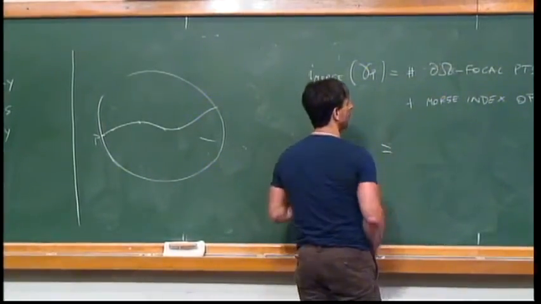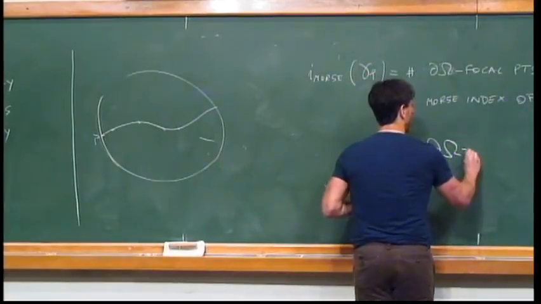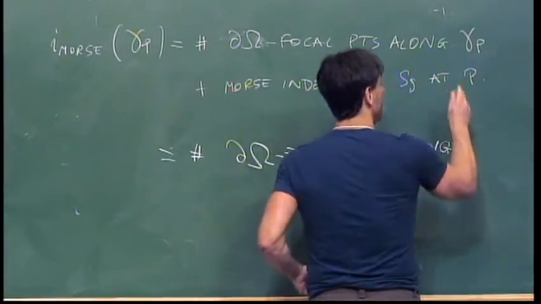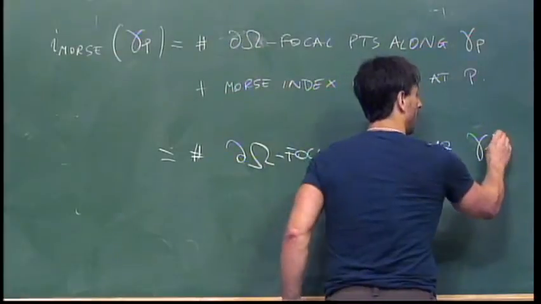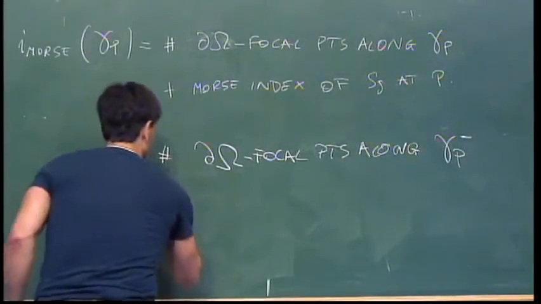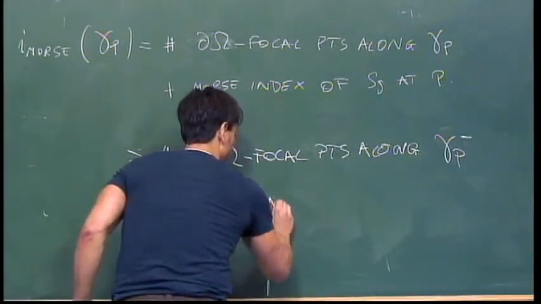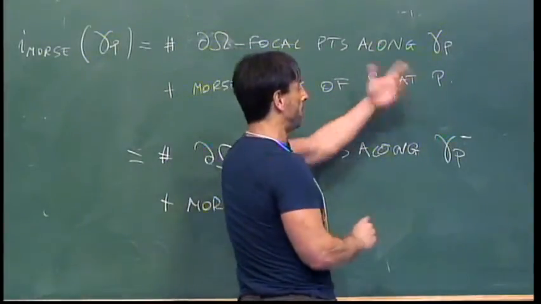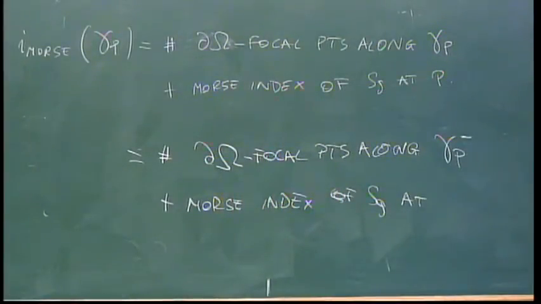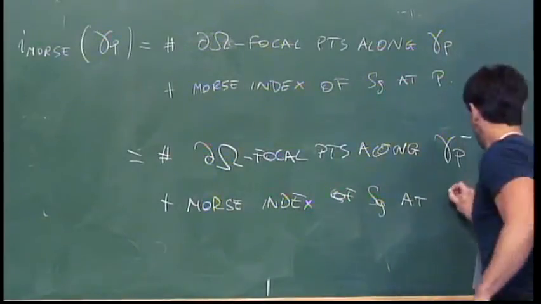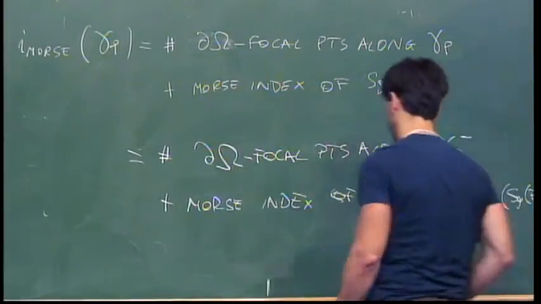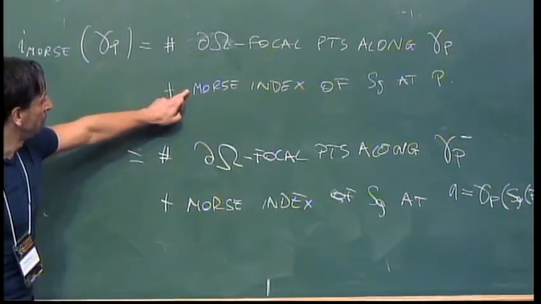So this is also equal to the number of focal points along not gamma p, but gamma p run with a backward orientation, plus the Morse index of SG, not at P, but at the other point, at this point here, at Q, right? So remember that I want to show that this is equal to this, right?